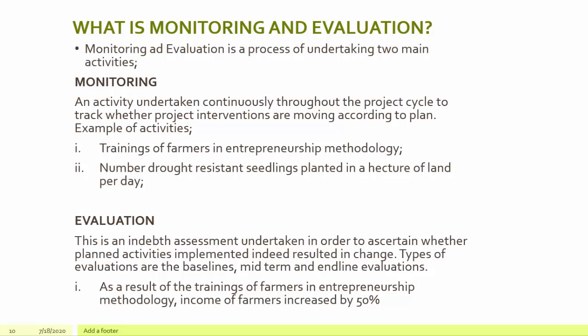They may be decreasing, they may be increasing. But when it's decreasing, that's when you realize that drought is just knocking on your door, and that can affect your yields. So perhaps this project has been designed to give farmers an opportunity to plant seedlings that are drought resistant. Okay, I'm sure you get the point.